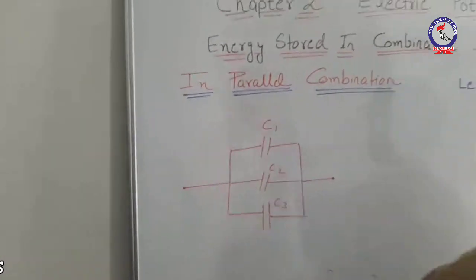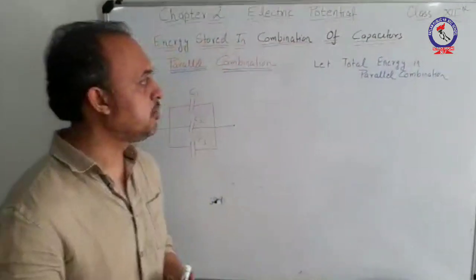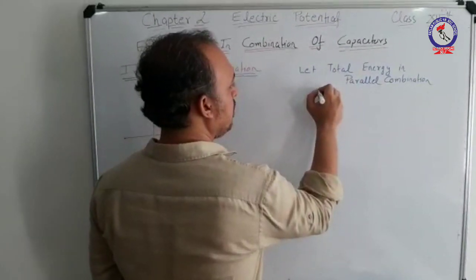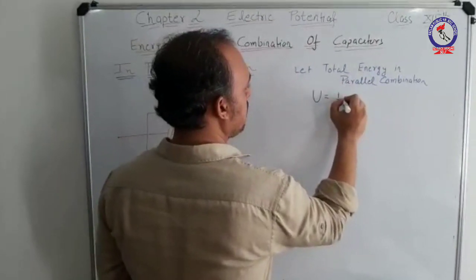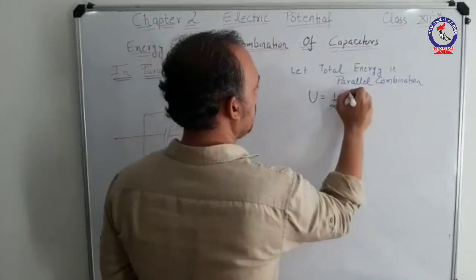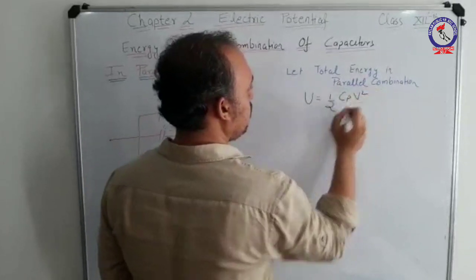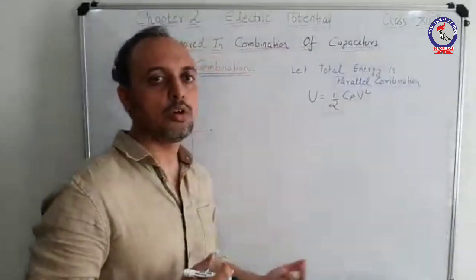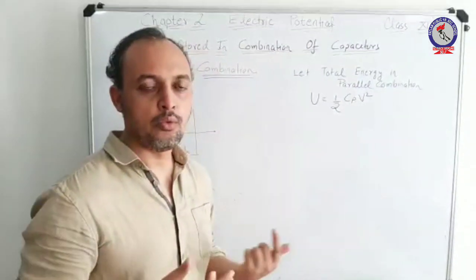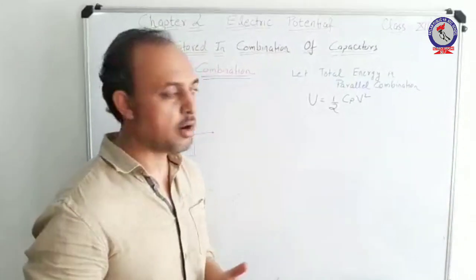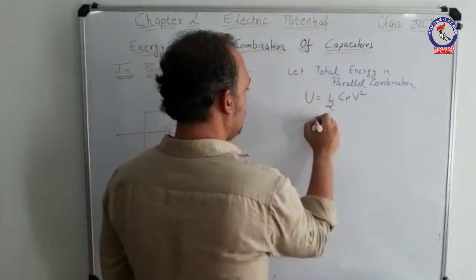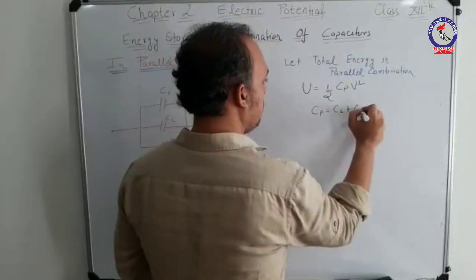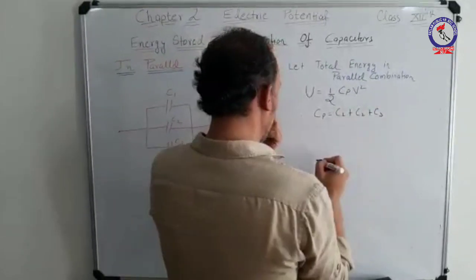Now going through the concept of calculating the total energy, let us suppose the total energy in the parallel combination is represented by U, which is expressed as 1 upon 2 Cp into V square, where Cp represents the net capacitance or the total capacitance of a capacitor when you are connecting multiple capacitors in parallel. Therefore, this Cp can be expressed as C1 plus C2 plus C3.